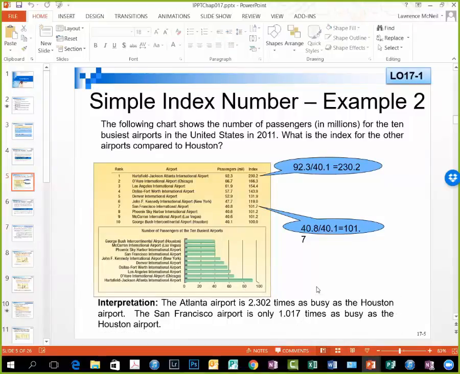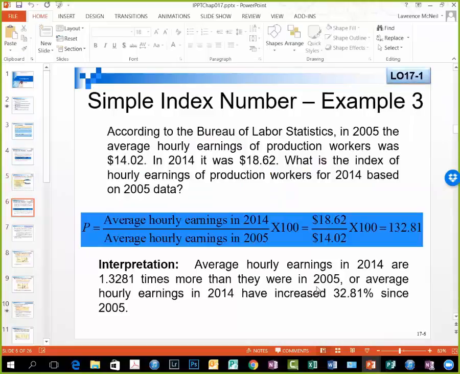All right, BLS 2005, hourly earnings of production workers, 14.02. That's 2005 right there, 14.02. 2014, 18.64. So we can say hourly earnings in the later year of 2014 were 1.32 times what they were in 2005. How do we know that?